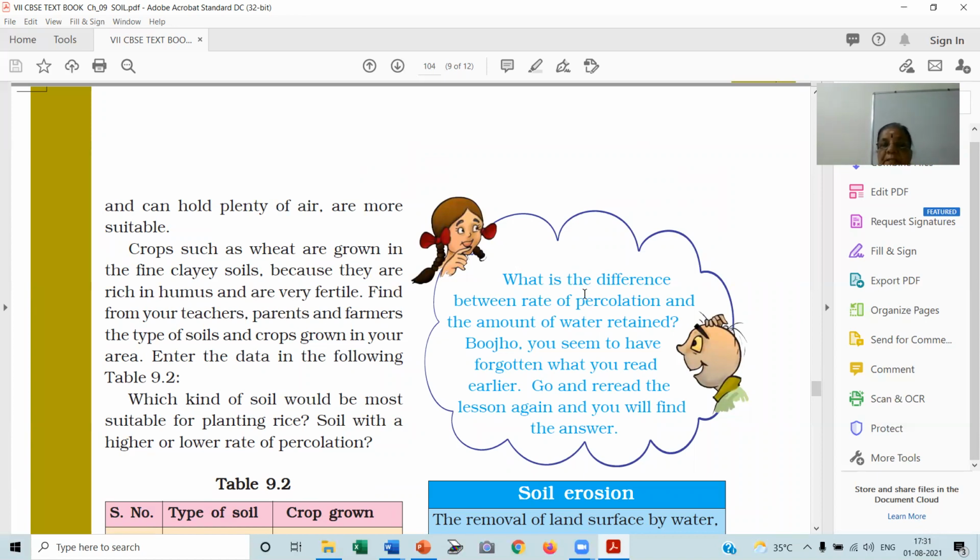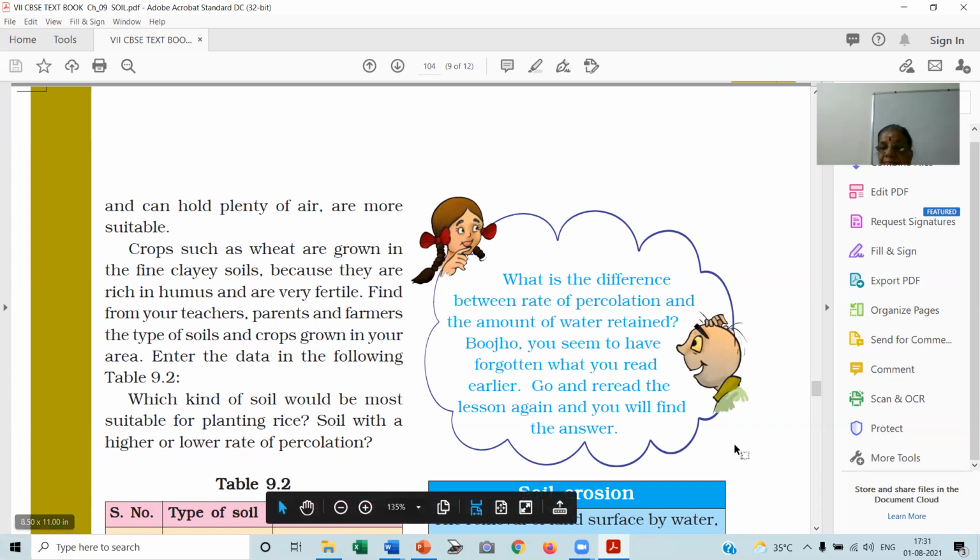So, Pele and Bujo are asking, what's the difference between percolation, rate of percolation and amount of water retained? You have to read the lesson again. After percolation, the water is retained. That is the difference. I hope you understand.